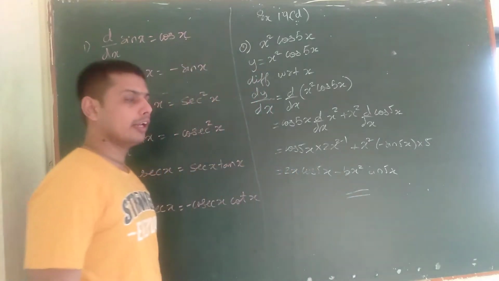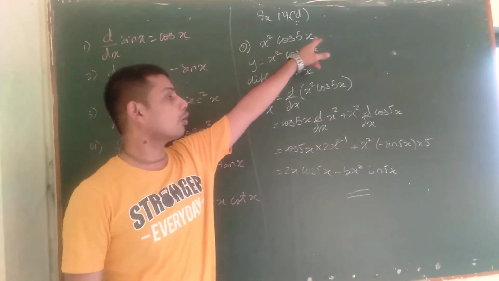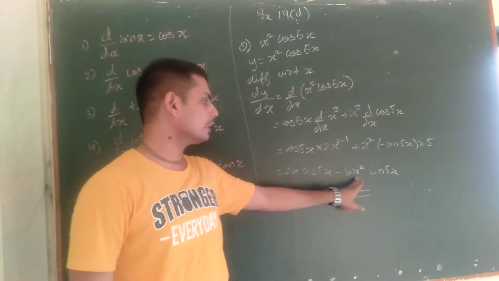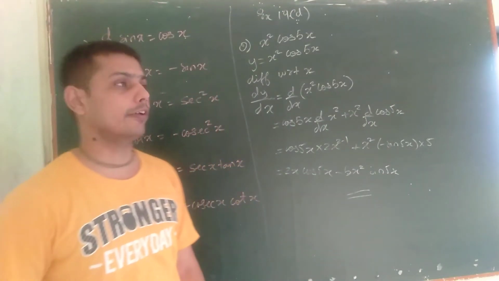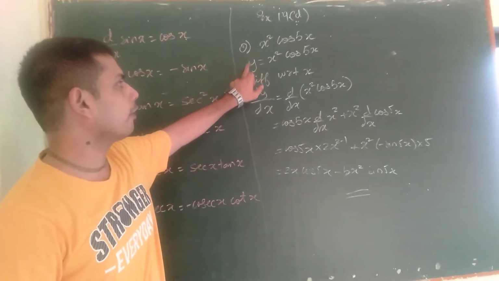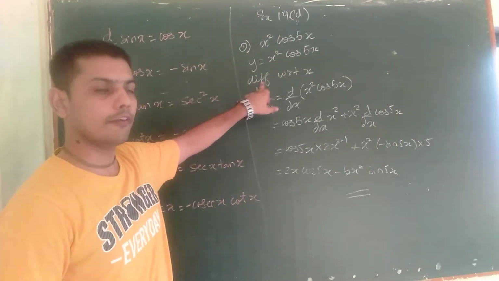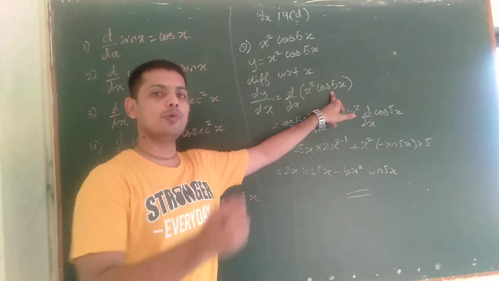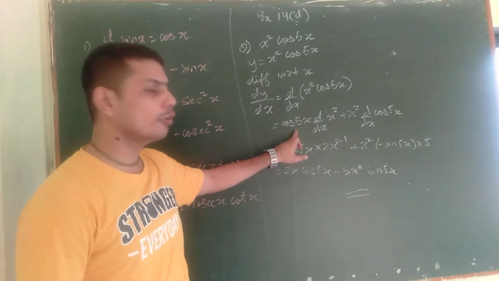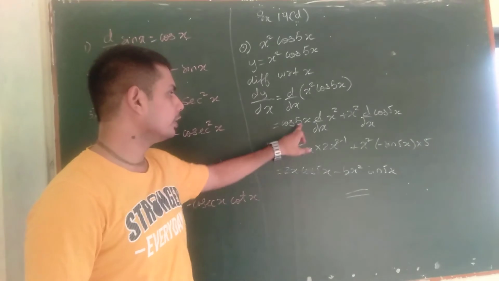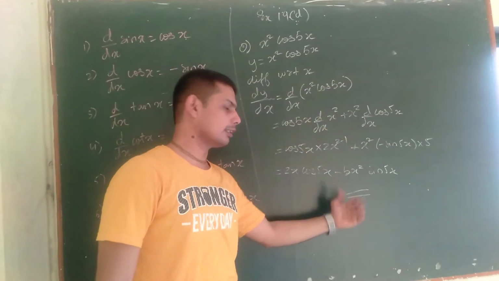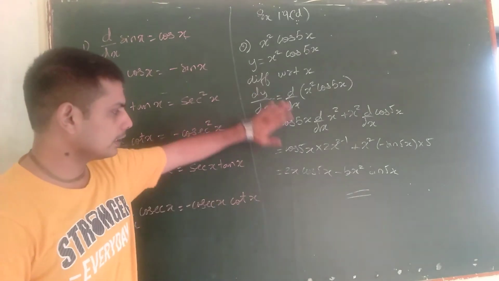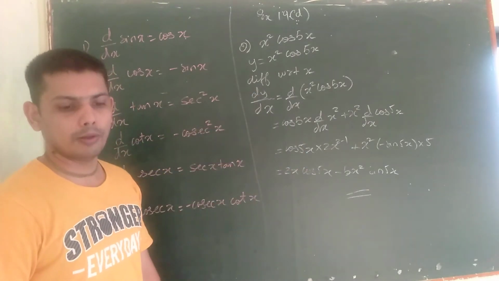So my derivative for x square into cos 5x is 2x cos 5x minus 5x square into sine 5x. First step, take y equal to this function, differentiate with respect to x. Since this is in the form u into v, you apply the uv rule here and then you derive. Okay, and then just simplify and write it. So you get the answer. So this is according to the uv rule, right?